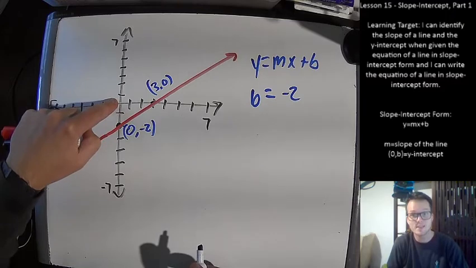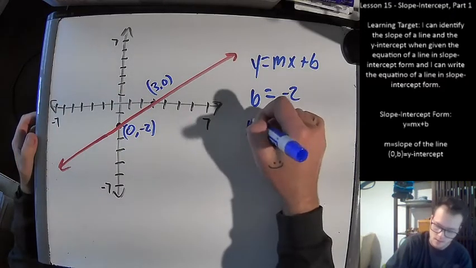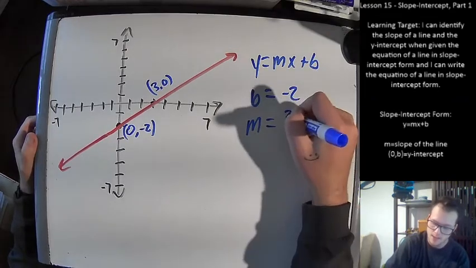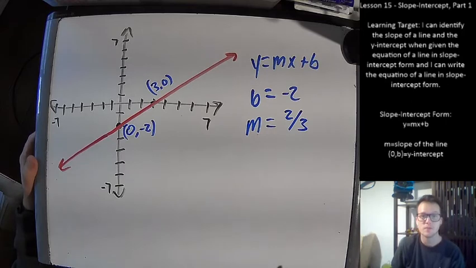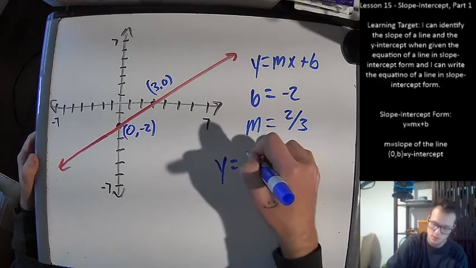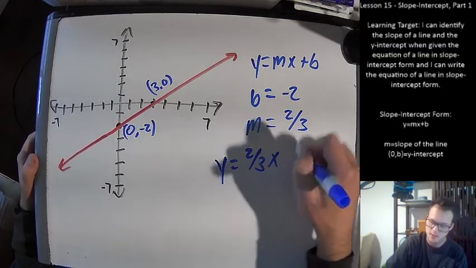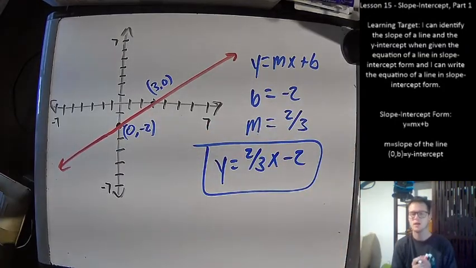So we're rising 2, and then we're going to run 1, 2, 3. So our m, we rise 2, and we run 3. So our slope is just 2/3. Now we plug in the pieces. Y equals 2/3 x minus 2. This is the equation of the line.